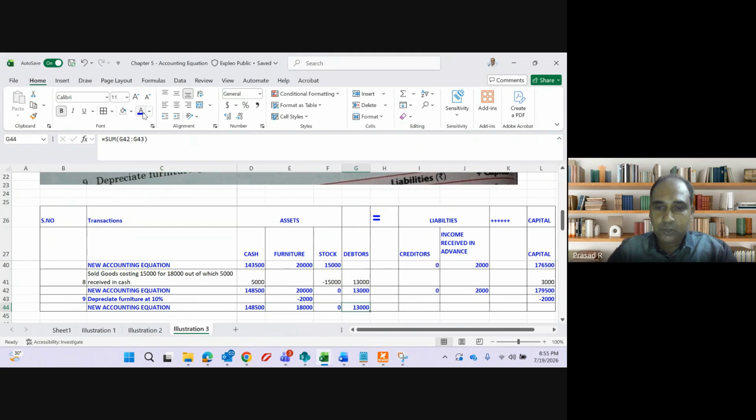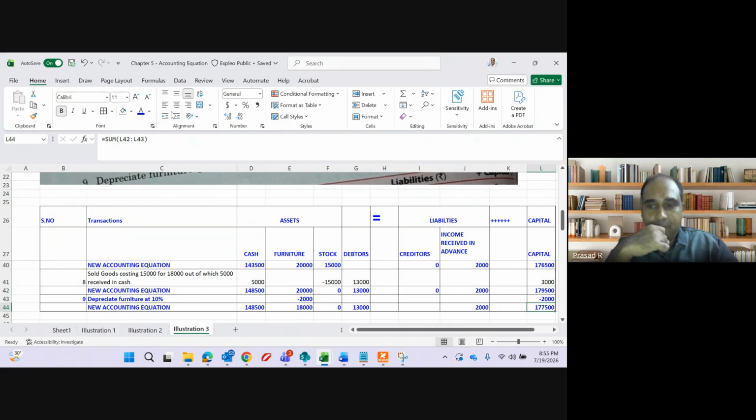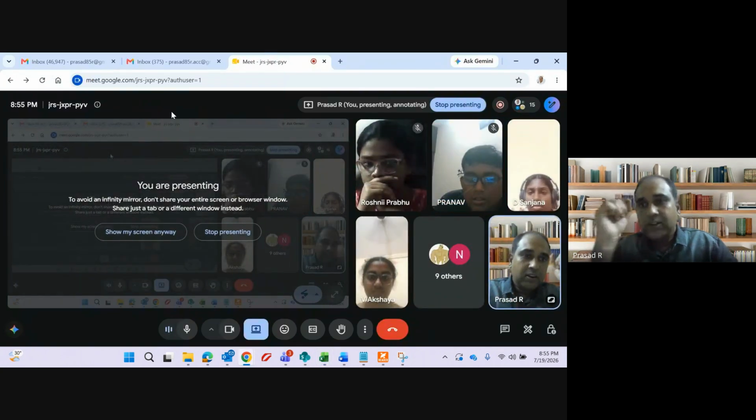Stock is 0. Debtors 13,000. Income received in advance 2,000. And my capital will reduce to 1,77,500. This completes my discussion for 9 points.